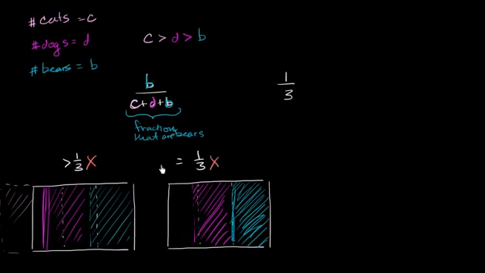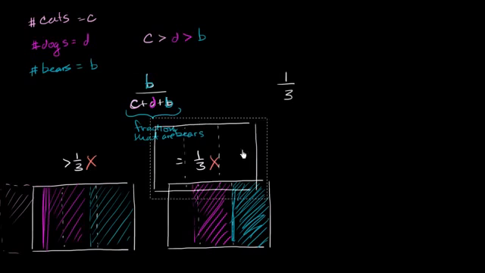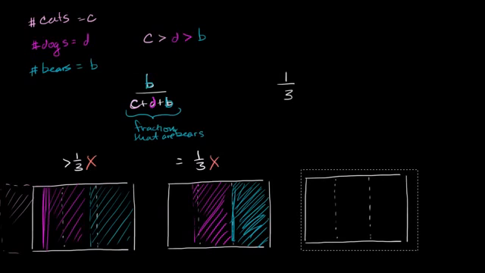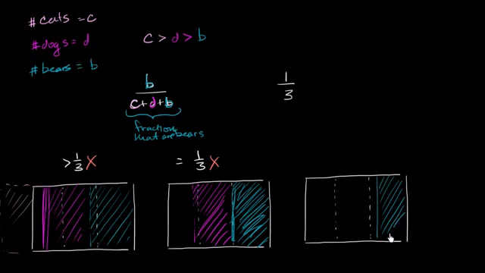So what we're really left with is that this has to be less than 1/3. And let's make sure that that's reasonable. So let's paste another example right over here. If the bears are less than 1/3, and let me make it a little bit more dramatic so that it's clear, and let's say the purple, the dogs, are exactly 1/3.